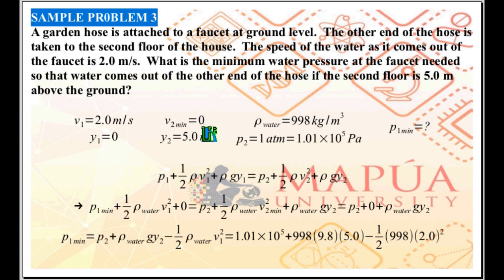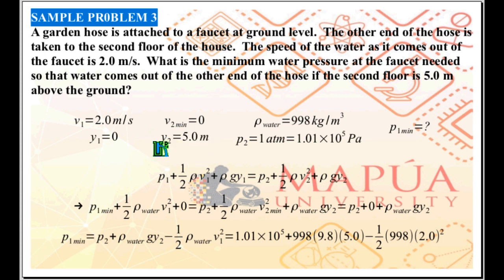So V2 minimum is equal to 0. What is the pressure at position 1, P1 minimum, such that water is still coming out of the other end of the hose? So that's what the problem is asking for.